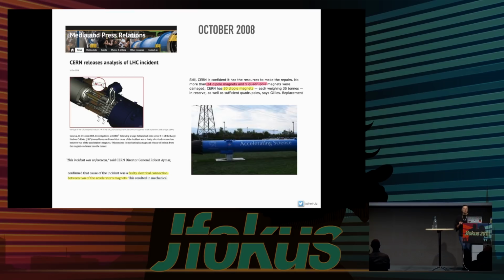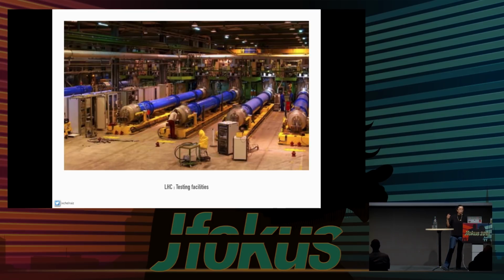Let me remind you of the problem. The problem was the connection between the 2 containers, or the 2 dipoles. And as you can see here, in the testing facility, that was exactly the problem. They can only do unit testing, never integration tests.